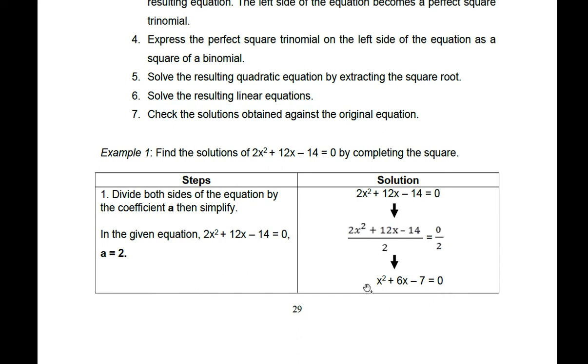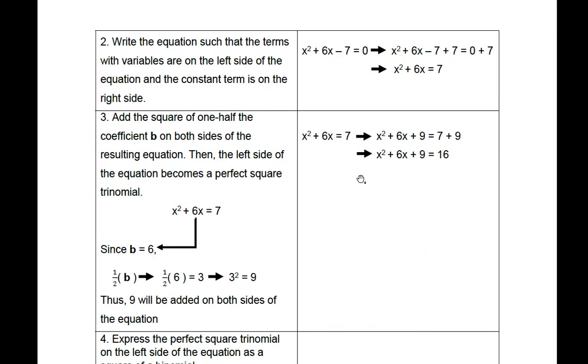So this is our simplified equation. Next is write the equation such that the terms with variables are on the left side and the equation on the other side is constant. So kanina yung sinulat natin into standard form, ito naman is separate natin yung constant.